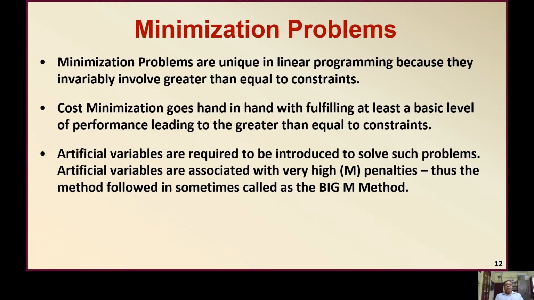But usually minimization problems have greater than or equal to constraints. Because look here, if you are minimizing something, ultimately there will always be an optimal solution that is 0, 0. That means do not produce anything. But that cannot be a solution.